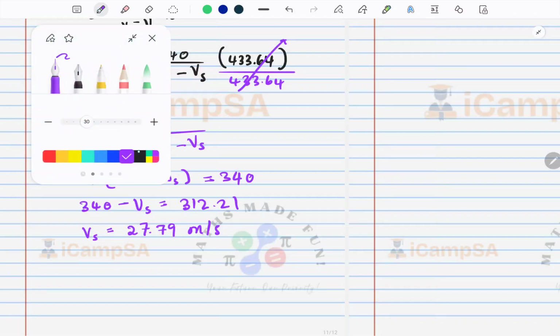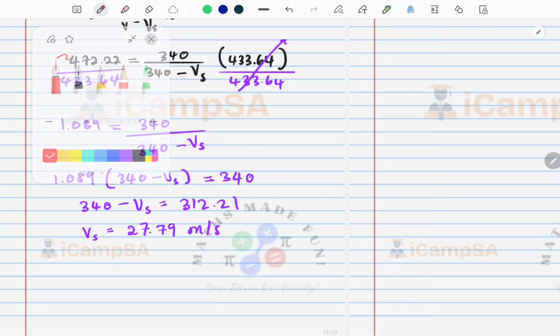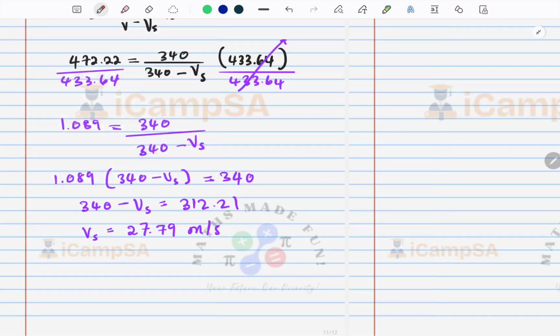Now we need to convert these meters per second into kilometers per hour. So you can say V_s is equal to 27.79 times 3.6. This is your conversion here. Okay, so now let's see what happens if we multiply by this.